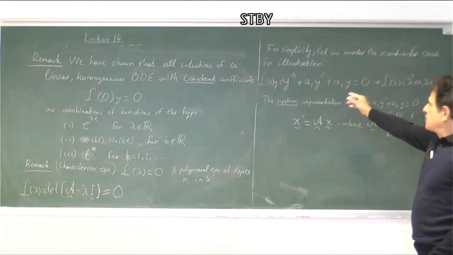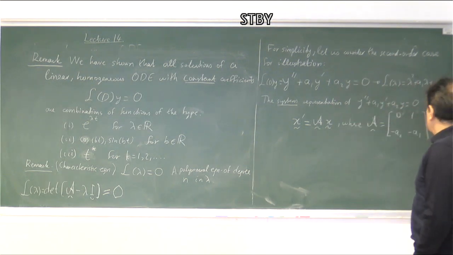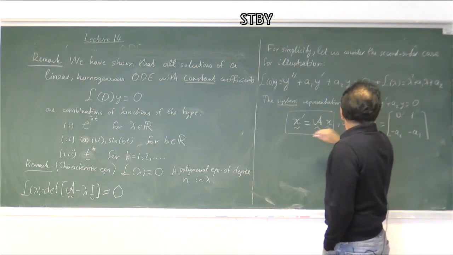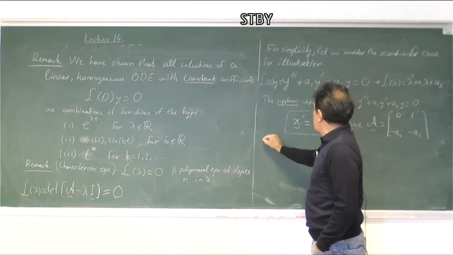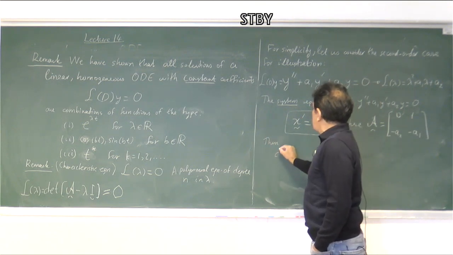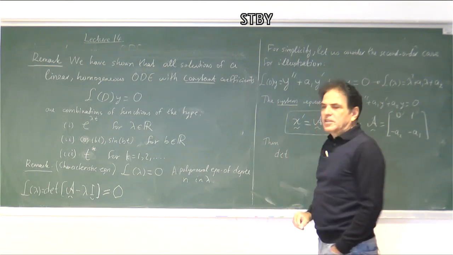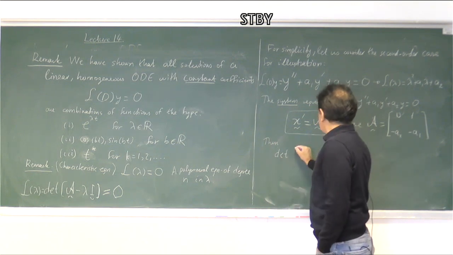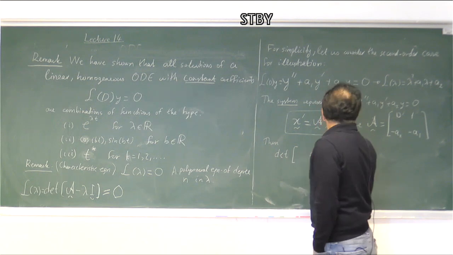So this is the system representation of a second order homogeneous ODE. And therefore recall that the characteristic equation or characteristic polynomial is this.